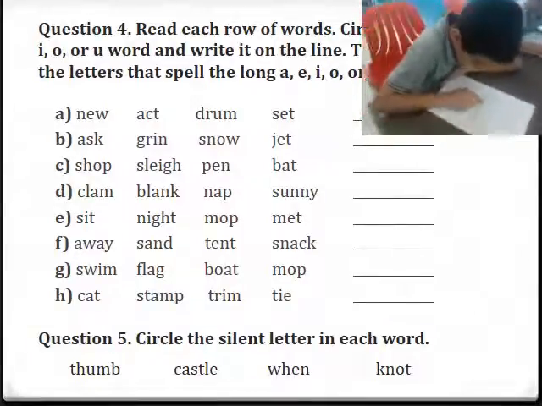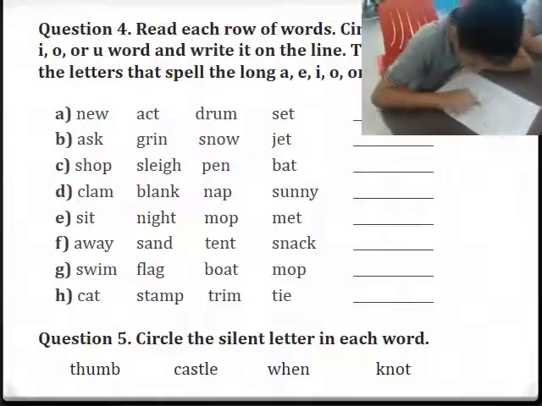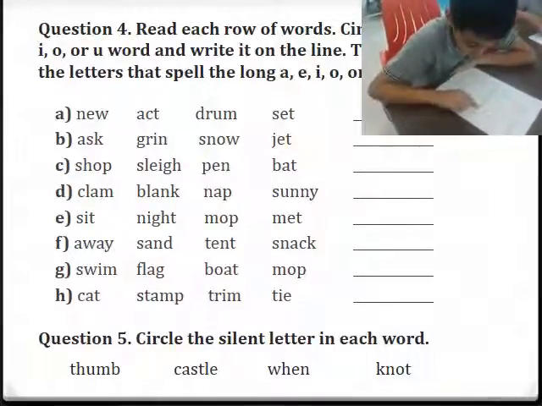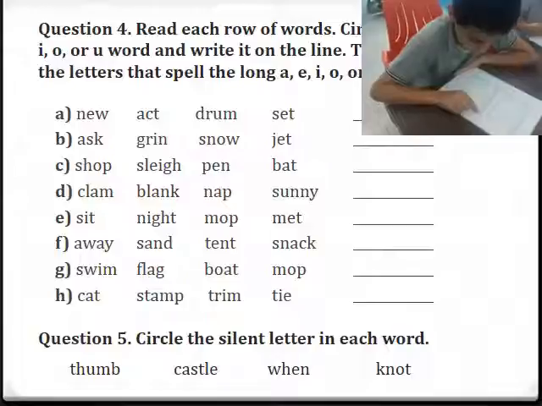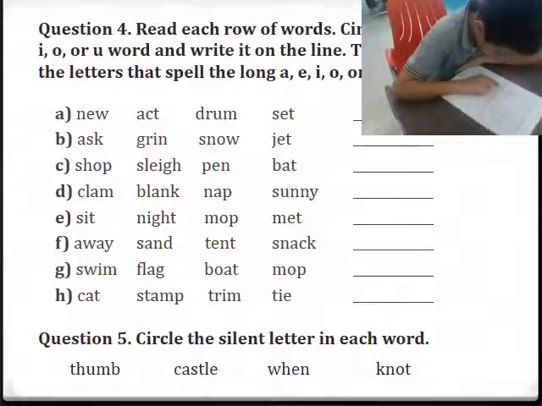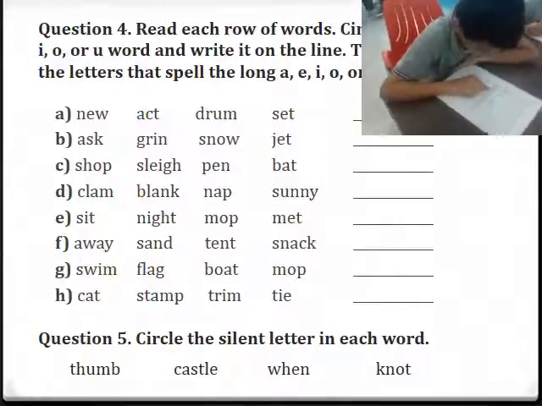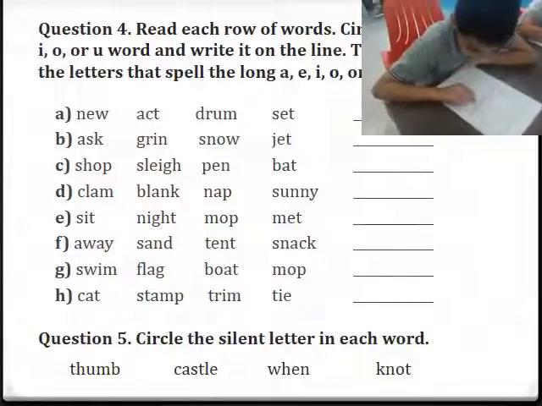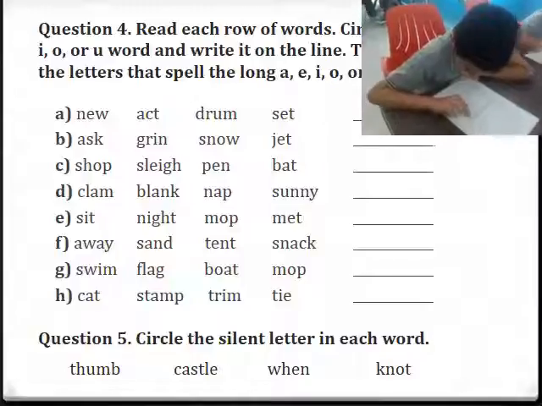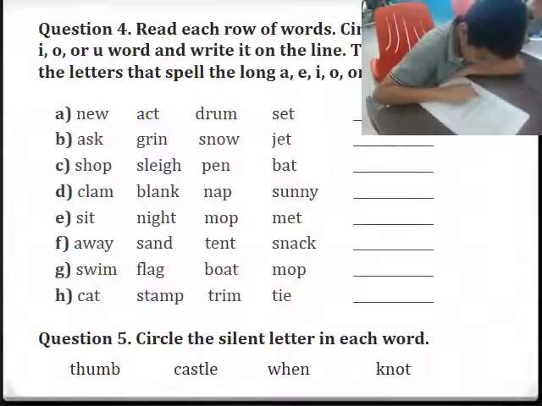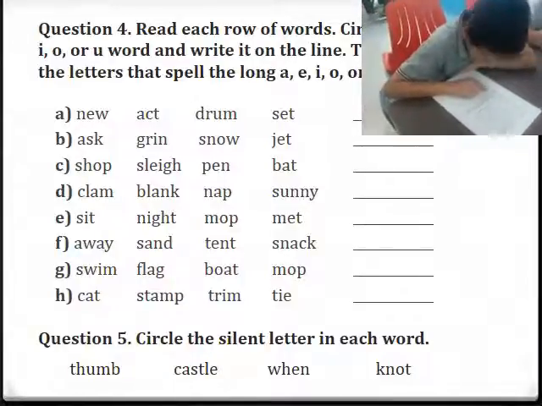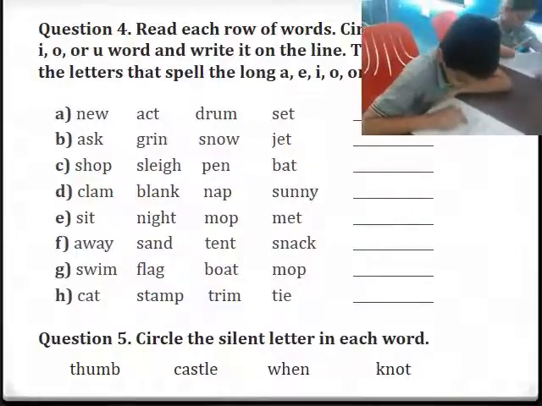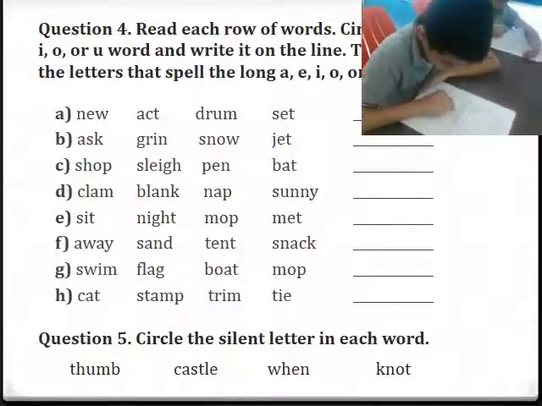Question 4, read it, Ali. Read each row of words. Circle the long A, E, I, O, or U word and write it on the line. Then underline the letters that spell the long A, E, I, O, or U sound.